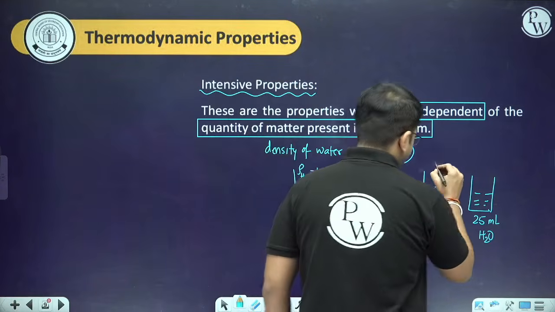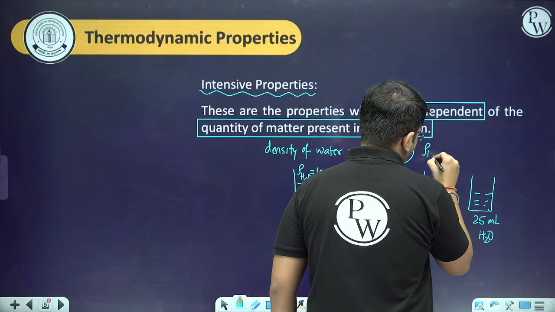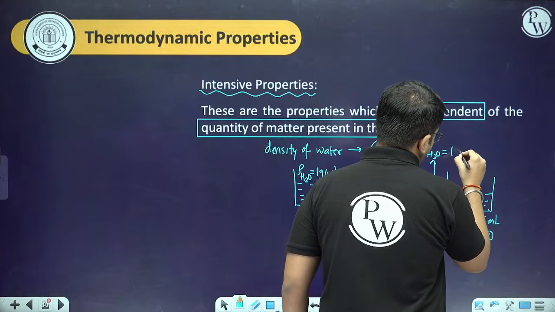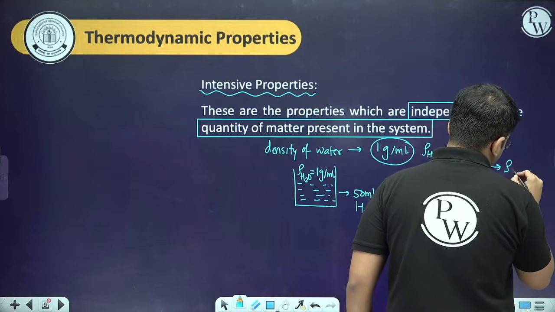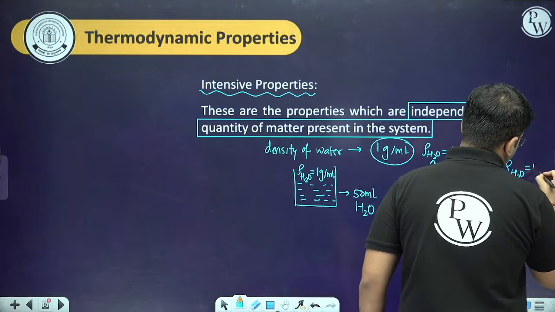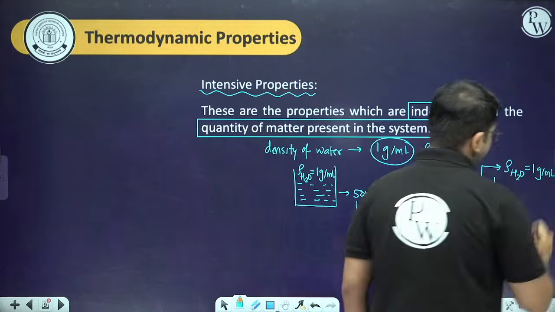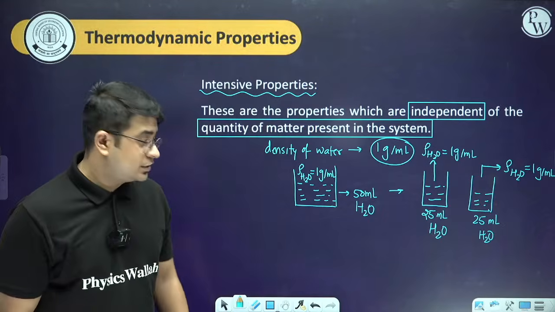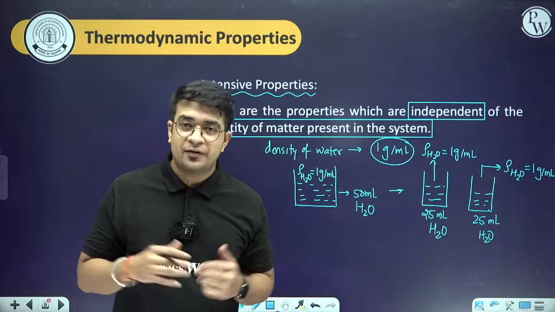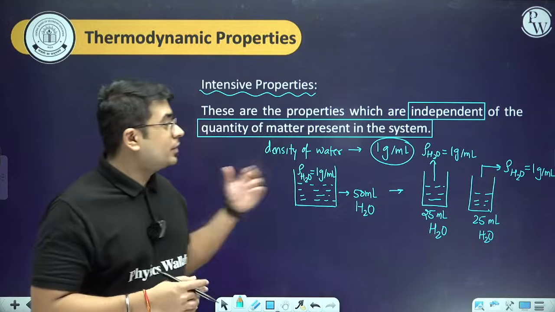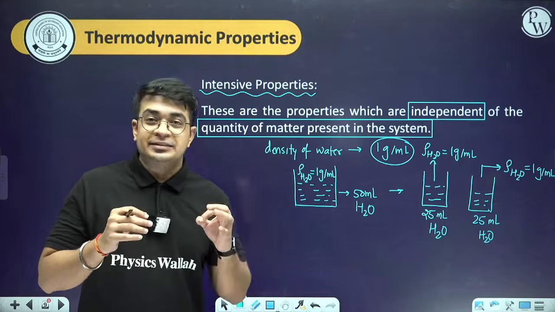On bifurcation, the density of water is going to remain the same, 1 gram per ml. In this container also the density of water will remain 1 gram per ml. So if this value is not going to change after reducing the amount, after bifurcating it into two equal halves, it means that the property is an intensive property.